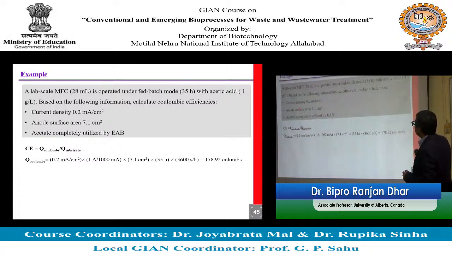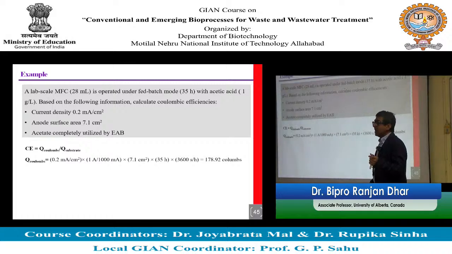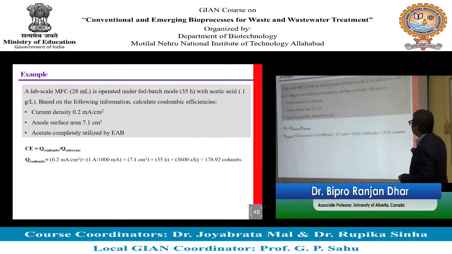The centimeter square cancels out, so I only have milliamp. Now I operated the system for 35 hours, but current is Coulomb per second, so I have to convert hours to seconds. 3600 seconds equal 1 hour. So now what I am getting is 178.92 Coulomb.